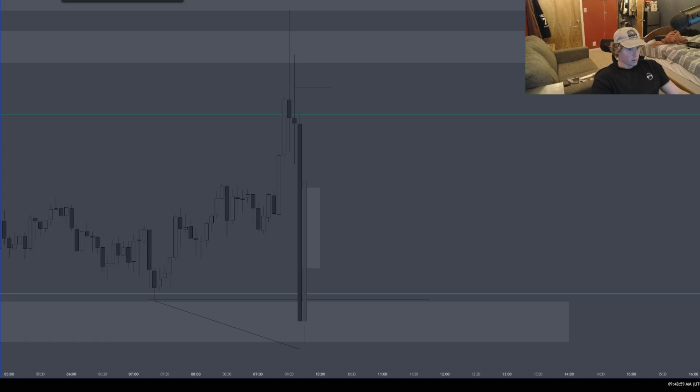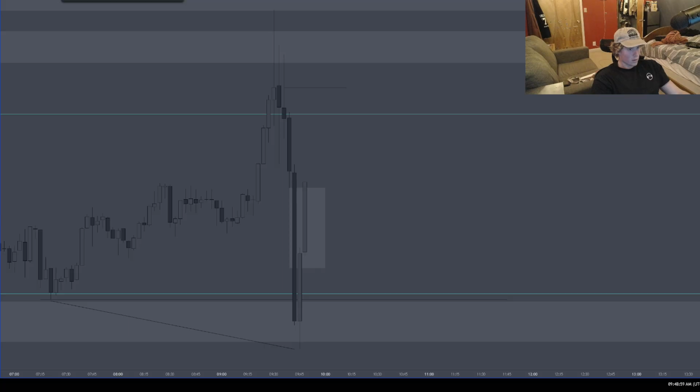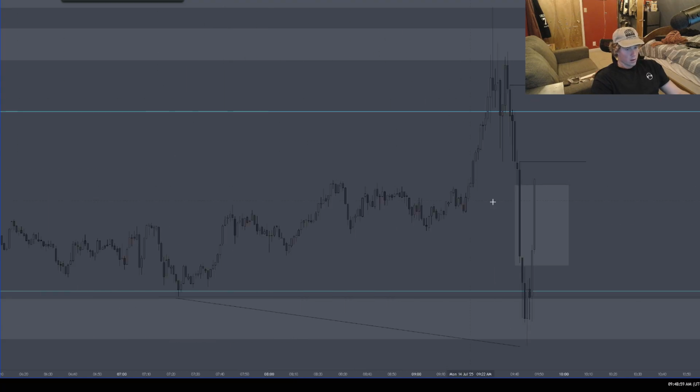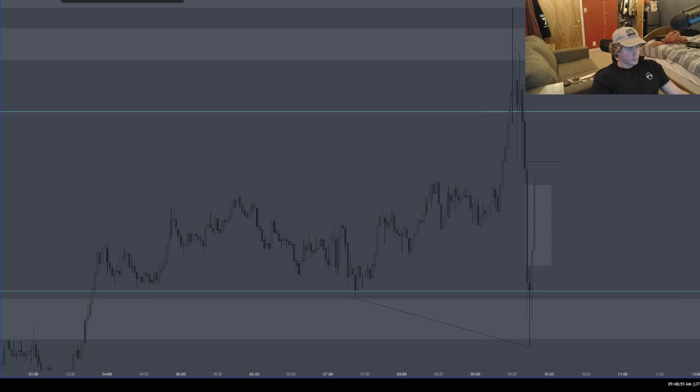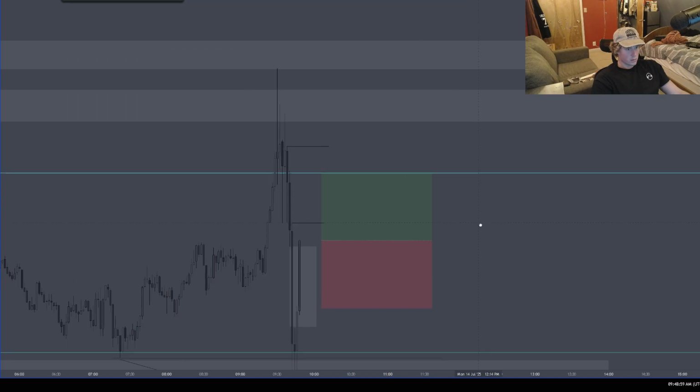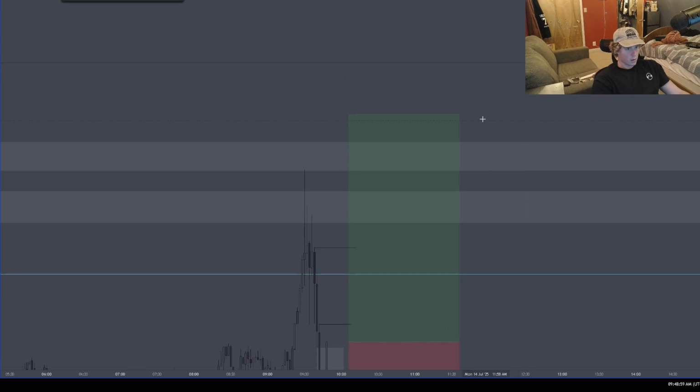Unless we have an unfilled gap. We'll move our stop once it reaches that gap there because that's definitely there. Alright. This is going to be a longer trade.